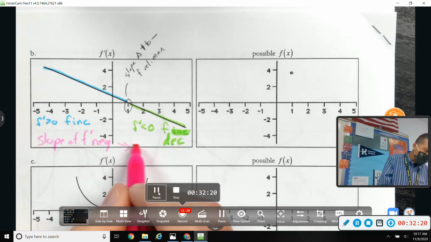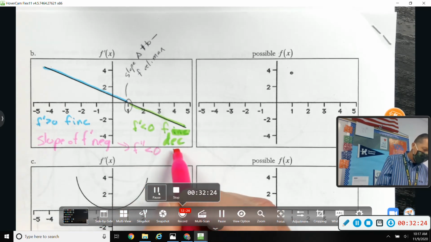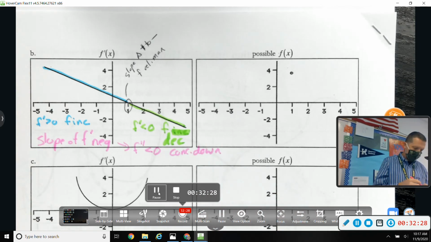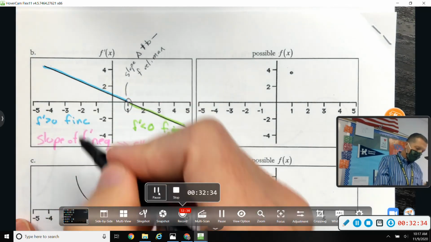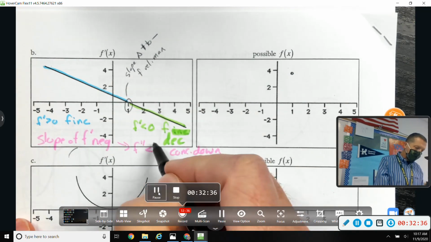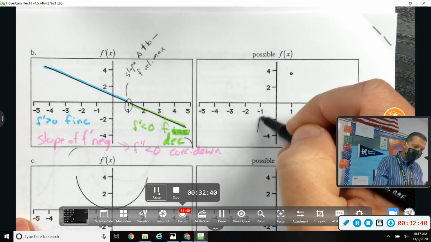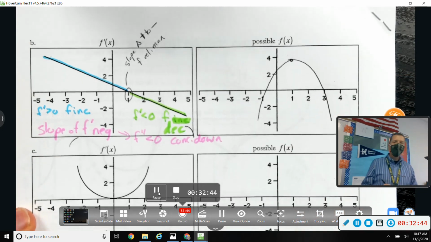So that means that f double prime is negative, and that means that we're concave down the whole way. So I need to increase but be concave down, and then I need to decrease and be concave down. So increase concave down up to the point, decrease concave down after the point.